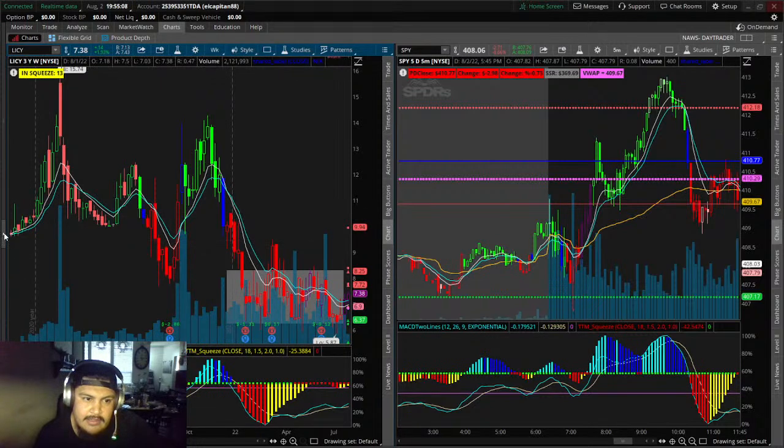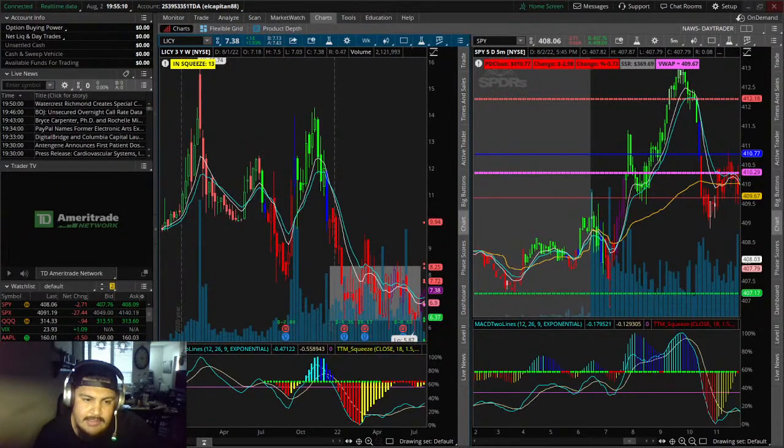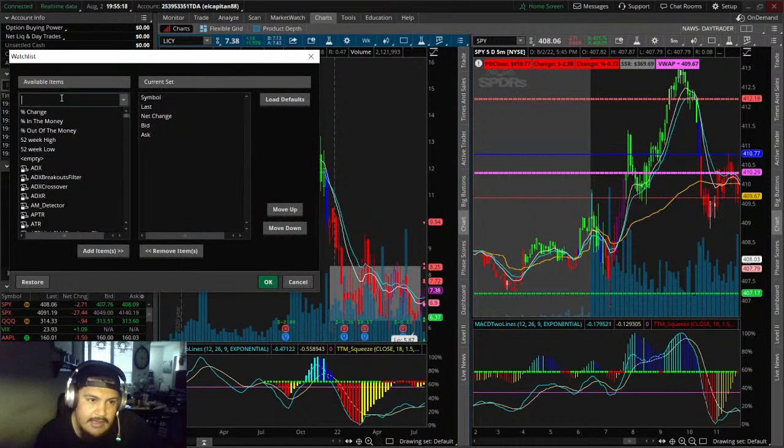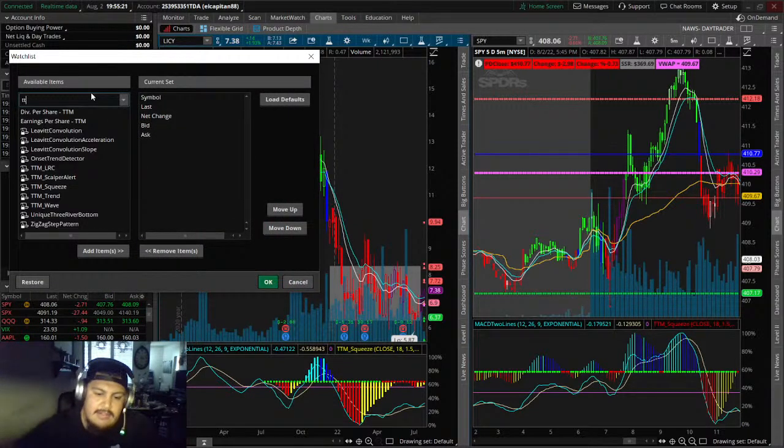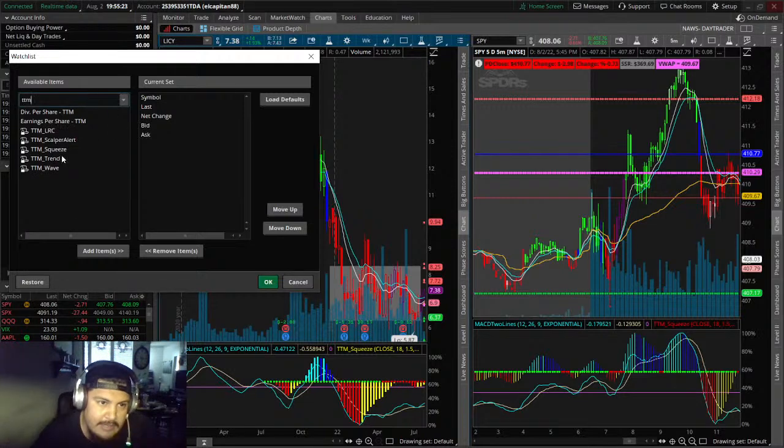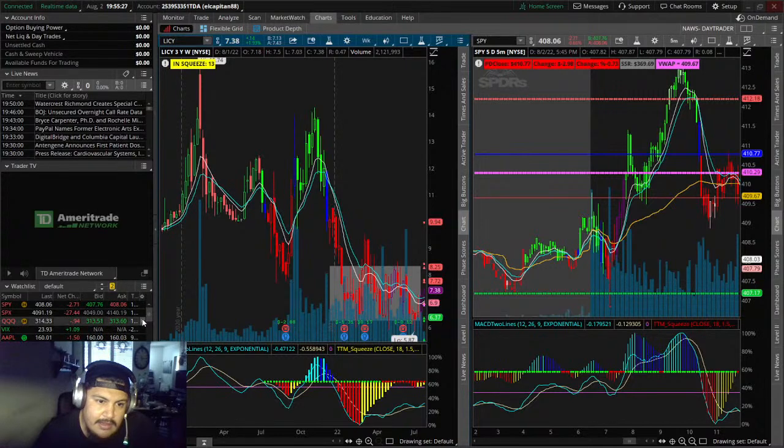And then there's also, where I don't have it set up, but I do have a scanner, where on Thinkorswim you could put in TTM squeeze.